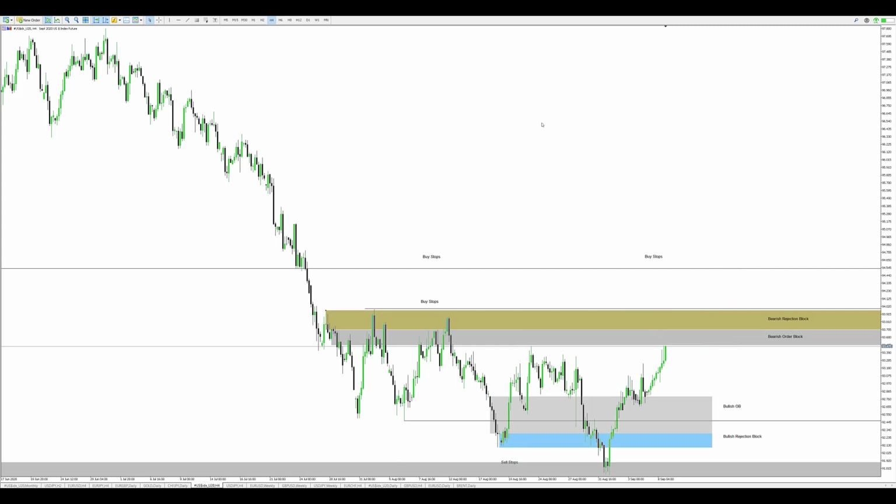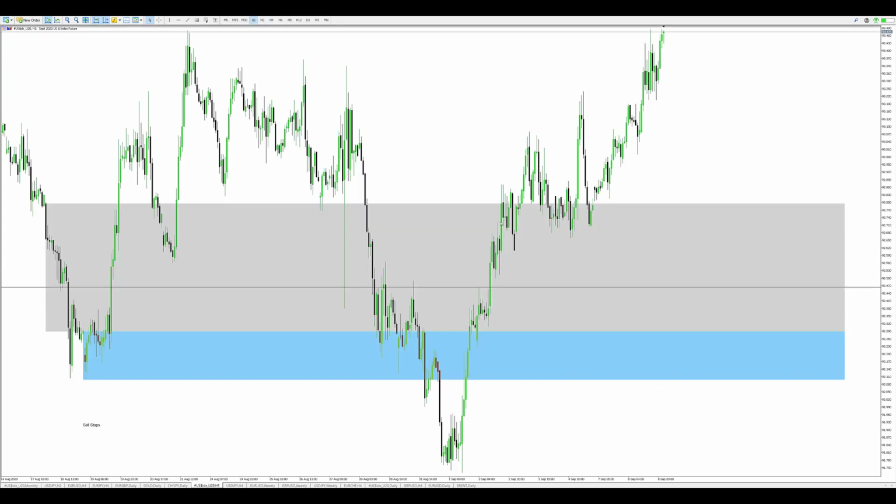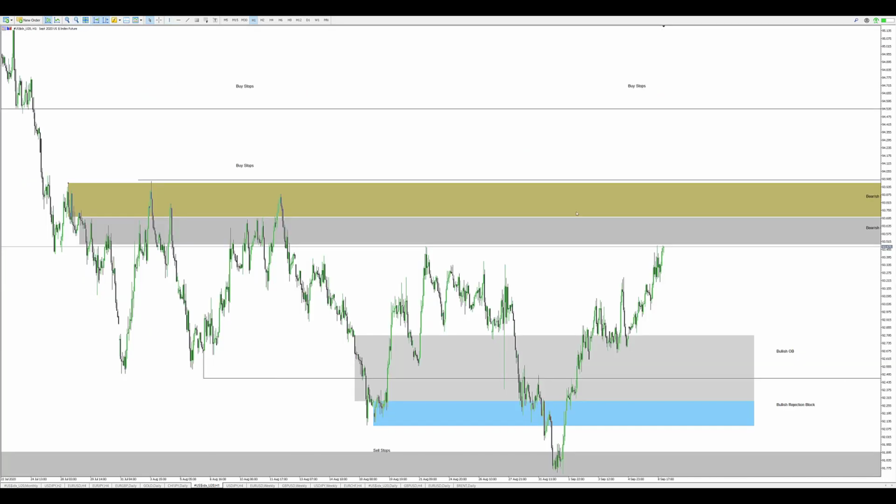So now let's go to hourly chart. Let me zoom out a bit. So you can see on an hourly chart we are already approaching our bearish order block, and we have cleared this high here. So we need to be watchful of what price action is going to do when it dips into this bearish order block.